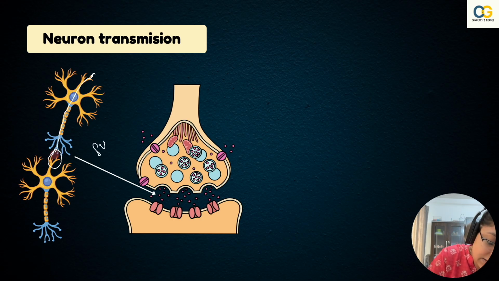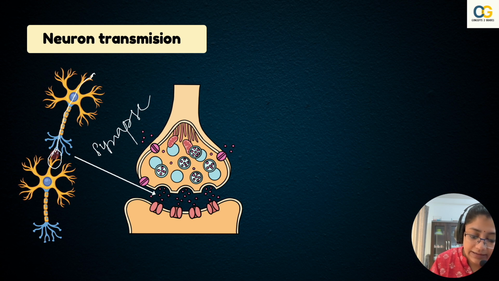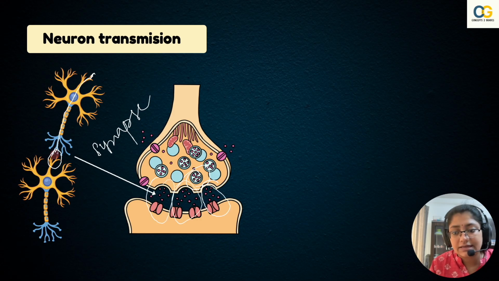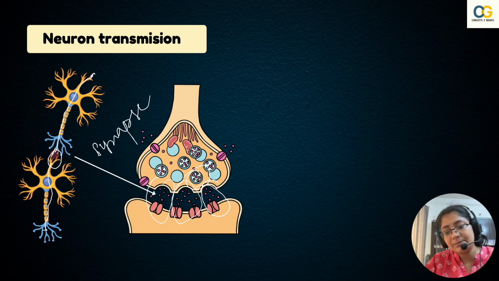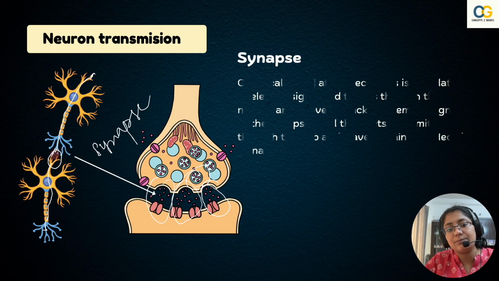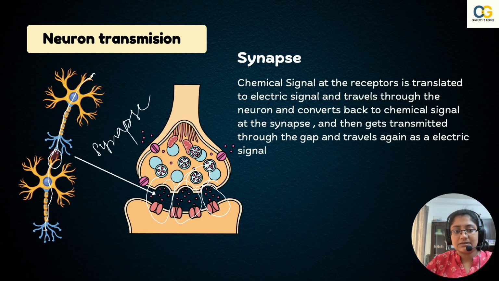This gap is called the synapse. At the synapse, the electric signal becomes a chemical signal and is sent to the next neuron with the help of neurotransmitters, which reach the next neuron, again become an electric signal and pass through the next neuron. Again, the same process repeats. This is how neurons transmit the information.